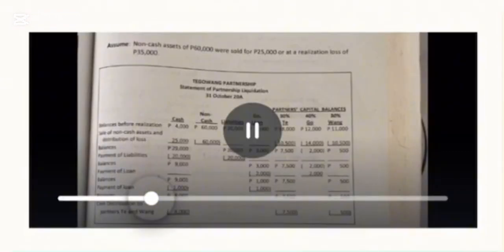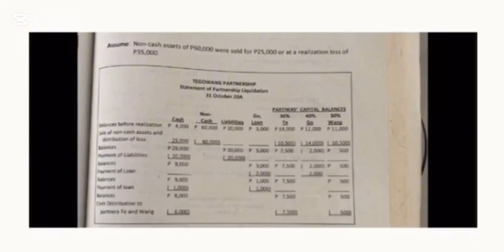And case 3, loss on realization with capital deficiency and right of offset exercised. Assume that non-cash assets of 60,000 pesos were sold for 25,000, or at a realization loss of 35,000 pesos.